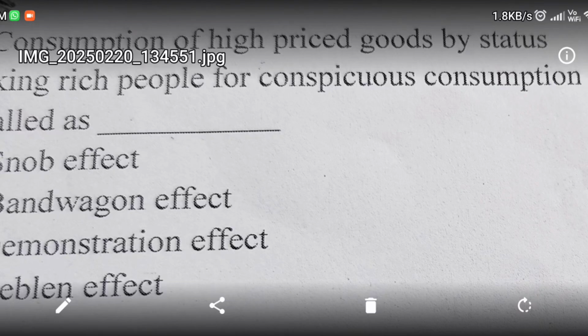The solution is D. The consumption of high-priced goods by status seeking rich people to display wealth and social status is known as the Veblen effect. This term describes the behavior where high price leads to increased demand because the goods and services act as a status symbol. This is the answer.